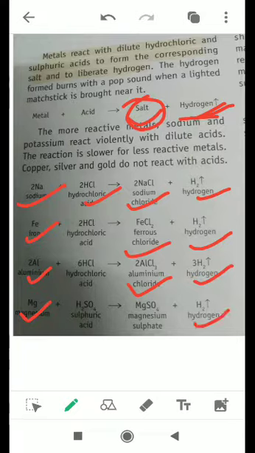Some metals react very violently, meaning vigorously, a very fast reaction, and they catch fire also. In some cases, some metals react slowly, with a slow evolution of hydrogen gas. Okay.